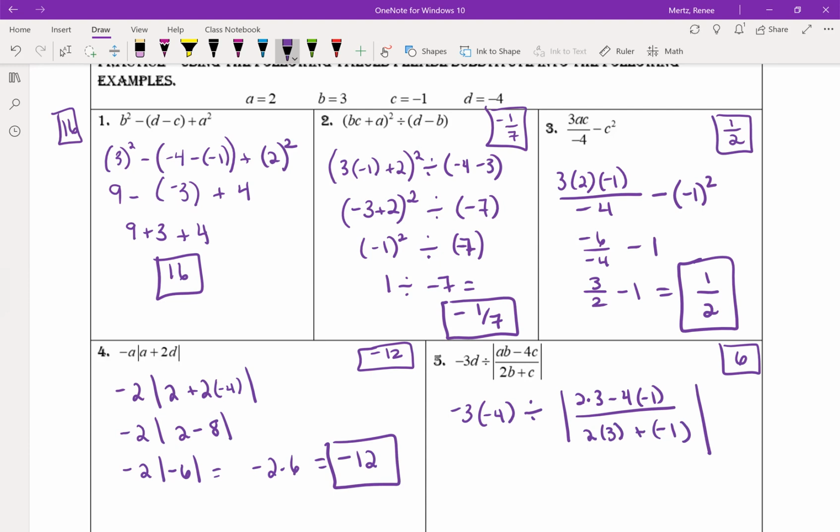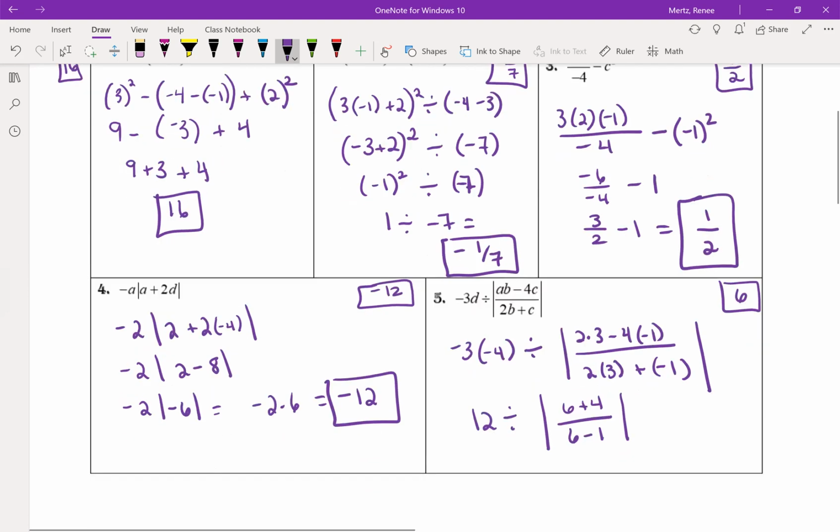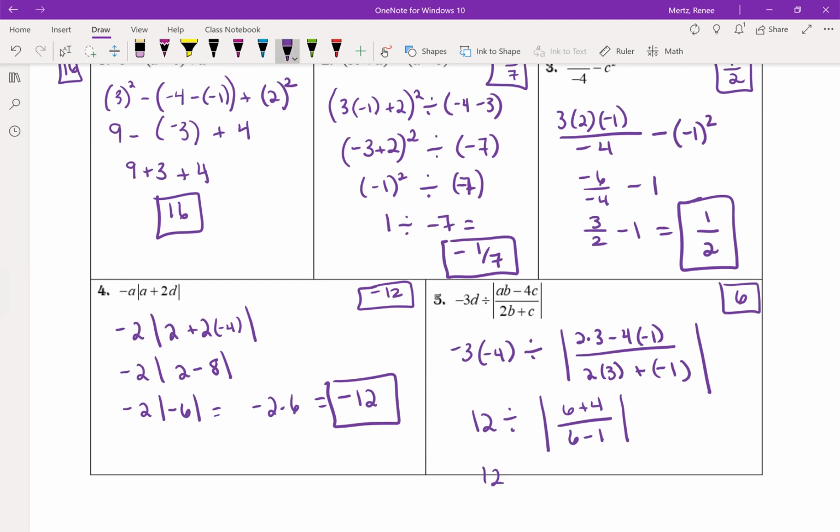Negative 3 times negative 4 is 12, divided by, we get 6 plus 4 on the top. We get 6 minus 1 on the bottom. So we get 10. 12 divided by the absolute value of 10 over 5, which is 12 divided by 2, which equals 6.